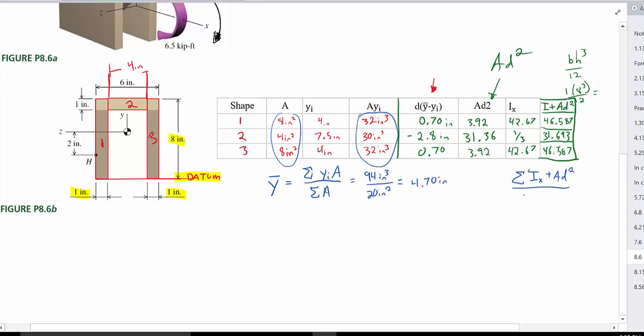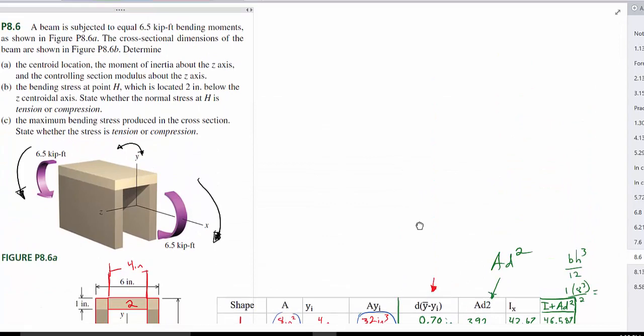All of those added together, you should get 124.9, and our units are inches to the 4th. So that's 2 portions of our problem statement solved for. Going back to the problem statement, it says find the centroid location, our y bar, and the moment of inertia about the z-axis. So that is done and done.